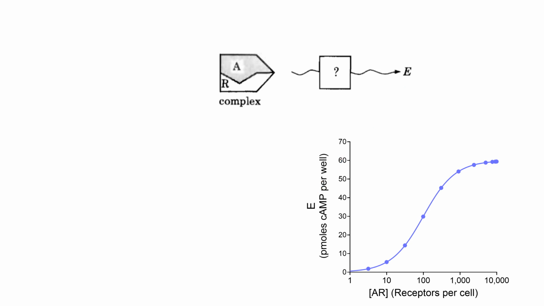Now we need an equation that defines the amount of signal in terms of the concentration of agonist-receptor complex, and here it is. The operational model assumes this equation is a saturation type equation of the same mathematical form as the binding equation we saw on the previous slide. You can see this on the graph.